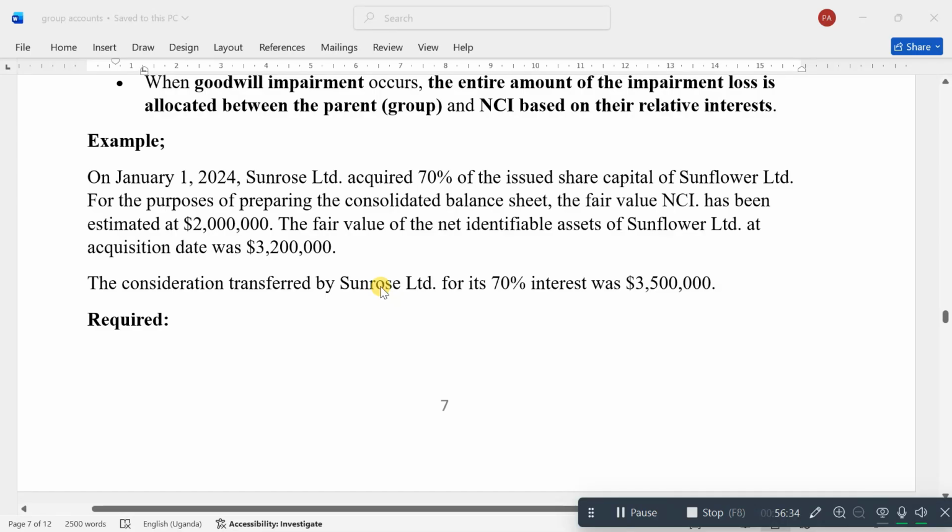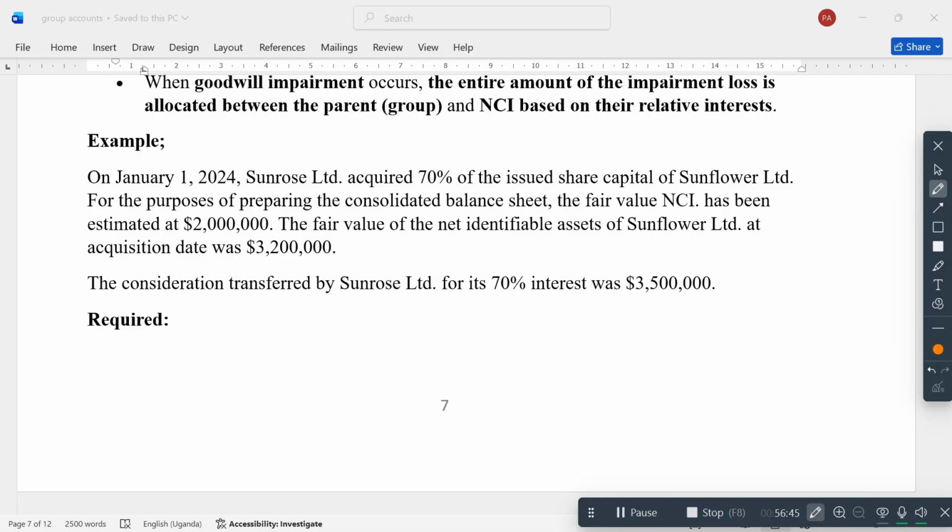Let's take a look at this example briefly. On January 1st, 2024, Sunlaws Limited acquired 70% of the issued share capital of Sunflower. When you see 70%, the acquiring company becomes the parent, and the one being controlled becomes the subsidiary.